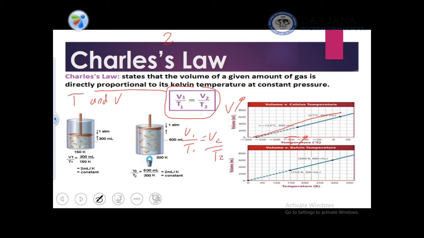This is Charles' law. Temperature should be in Kelvin, and in order to change from Celsius to Kelvin, simply you add 273.